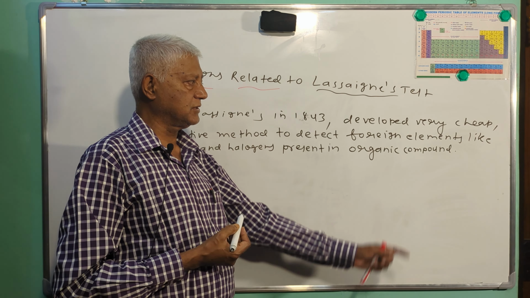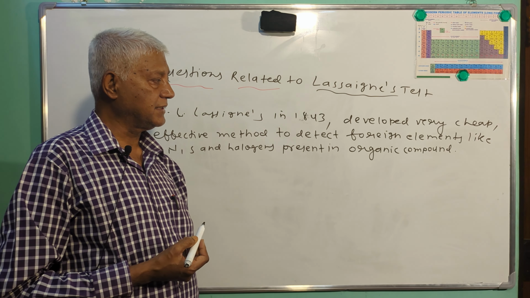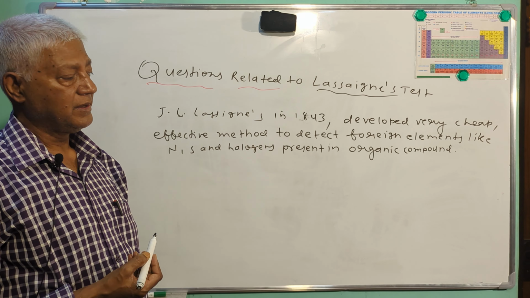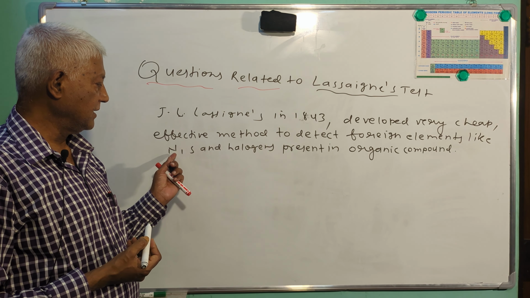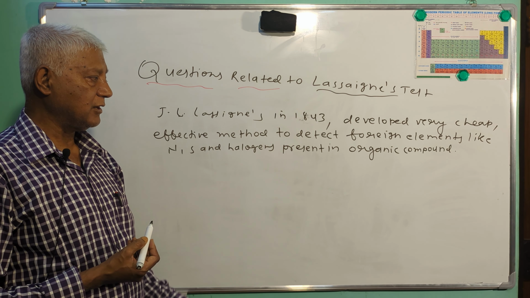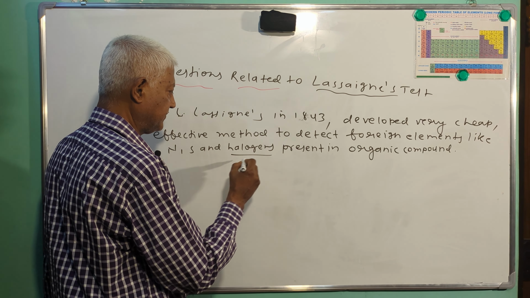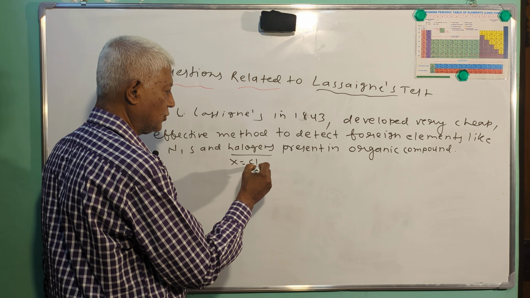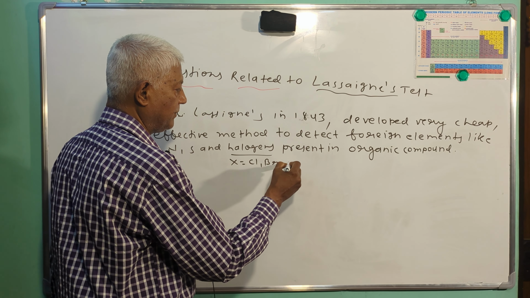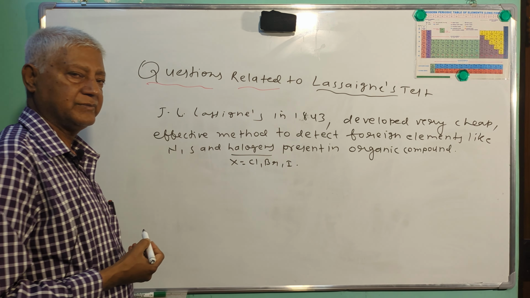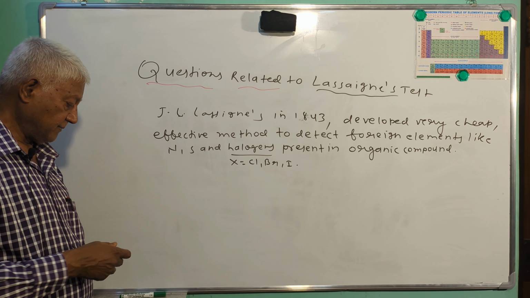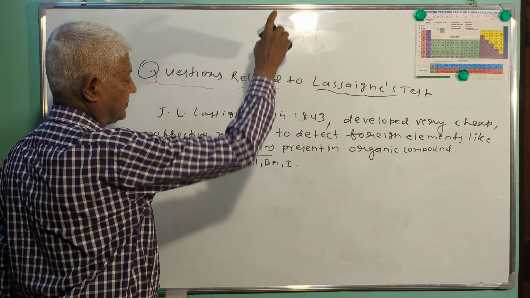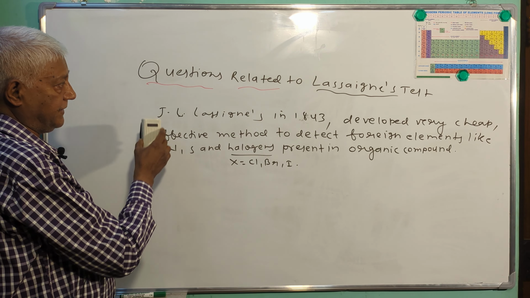Foreign elements means those elements other than carbon, hydrogen and oxygen present in organic compounds, like nitrogen, sulfur and halogen. Halogen means X, maybe chlorine, maybe bromine, maybe iodine. So it is a very useful principle given by Lassaigne.